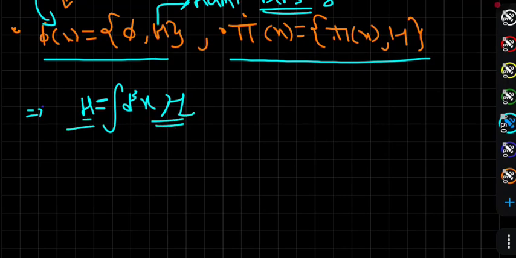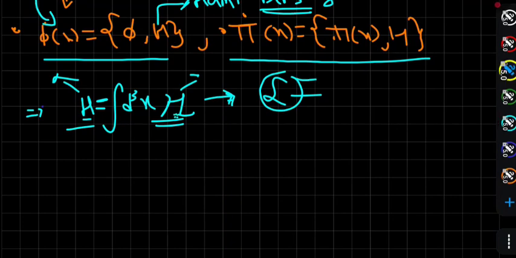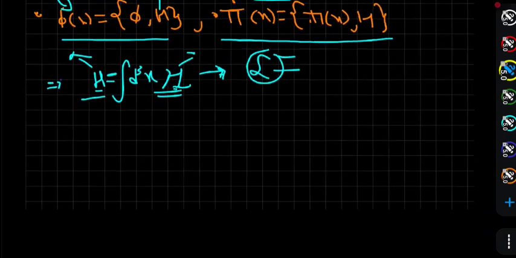This is the density, this is the general Hamiltonian, and this is the relationship between these two quantities, an integral over all space. Now our task is to find out how to define this Hamiltonian density. We have defined the Lagrangian density. If you have watched my previous video, I have derived the formula of the Lagrangian density. Now what about this Hamiltonian density? So yes, we are going to deduce that. How?